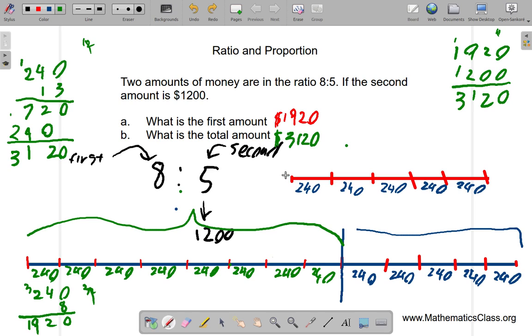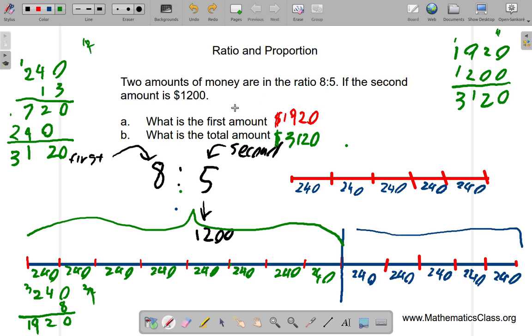So you can use the line and divide it up when you're calculating ratio questions, or you can do it directly without drawing these lines. So basically, again, you have two amounts of money in the ratio 8 to 5, and the second part is $1,200.